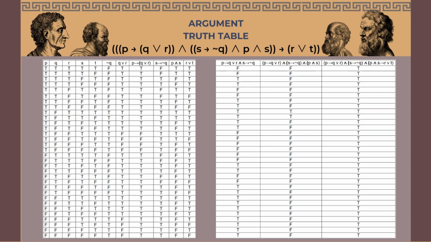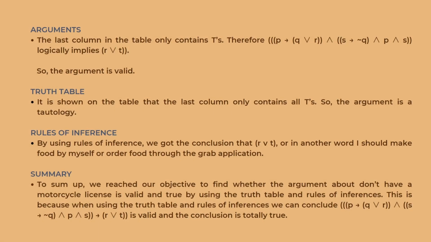Here are all the steps for the truth table that our group has made. Arguments. The last column in the table only contains T's.